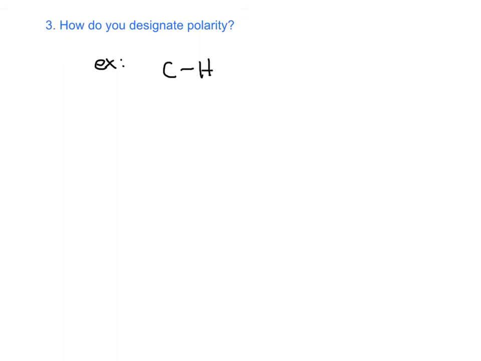And I told you that carbon had an electronegativity of 2.5 and hydrogen was 2.1, which makes the difference between the two only 0.4. So anything up to 0.4 is considered nonpolar. So if I were to ask you to designate this bond polarity, I would want you to just say it's nonpolar. It's not a polar bond.